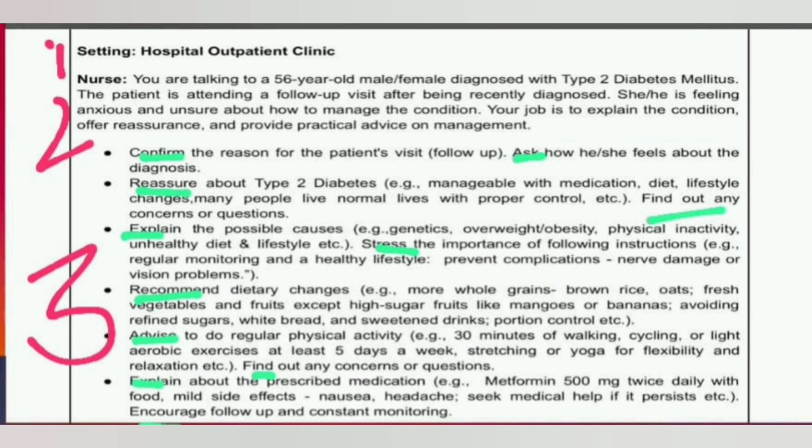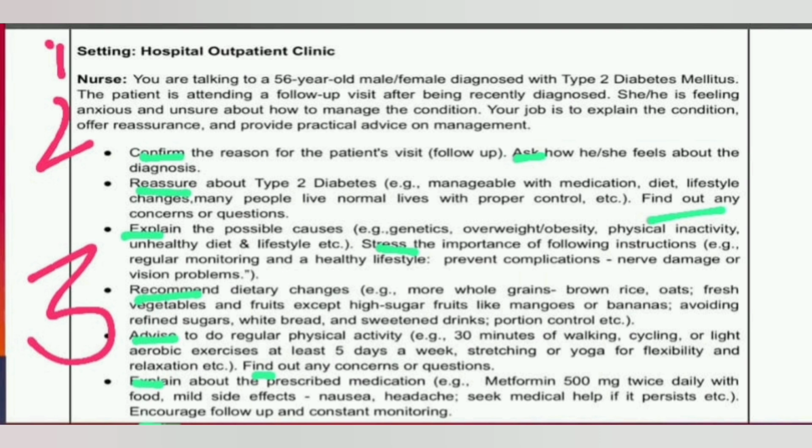Okay. So next is find out any concern or question. So see, here the sentence regarding find out means it is a question. So as a nurse we can ask, Mrs. Elizabeth, do you have anything particular to ask? Okay, like this we have to construct a sentence.